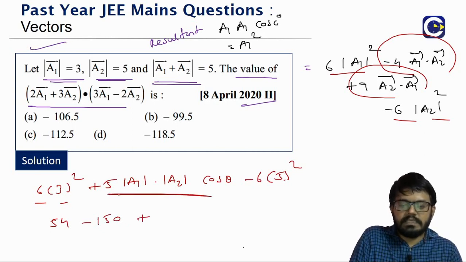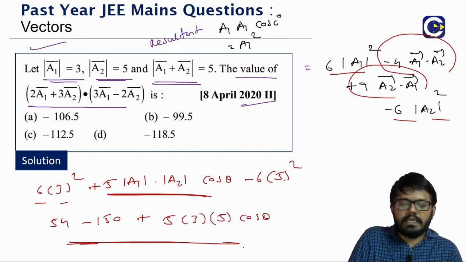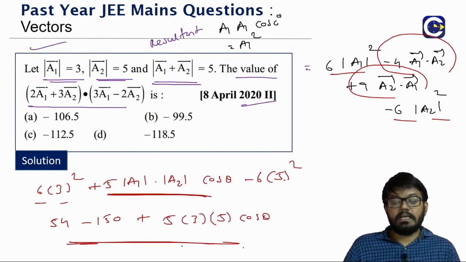Plus 5 into mod a1, which is 3, mod a2, which is 5, into cos theta.